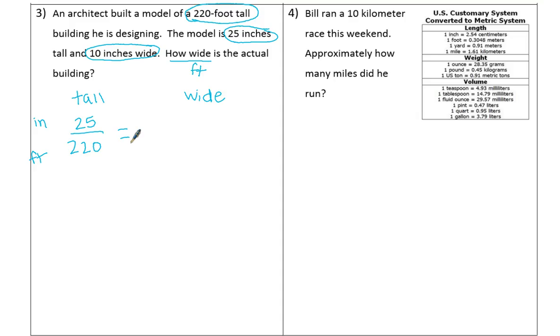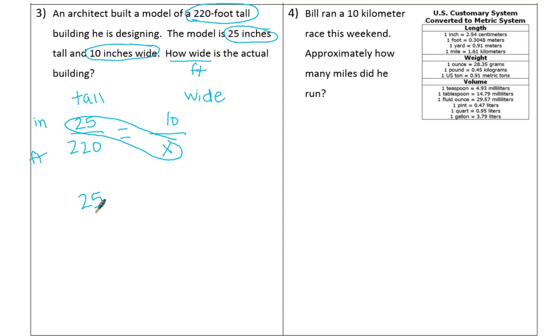We're going to set that equal to how wide the measurements are, and it tells us that in the model it's 10 inches wide, and they're asking us how wide is the actual building, so that's our variable here, x, and that's going to go with our feet measurement down on the bottom. So there's our proportion. We're going to go ahead and cross multiply this in order to start solving.